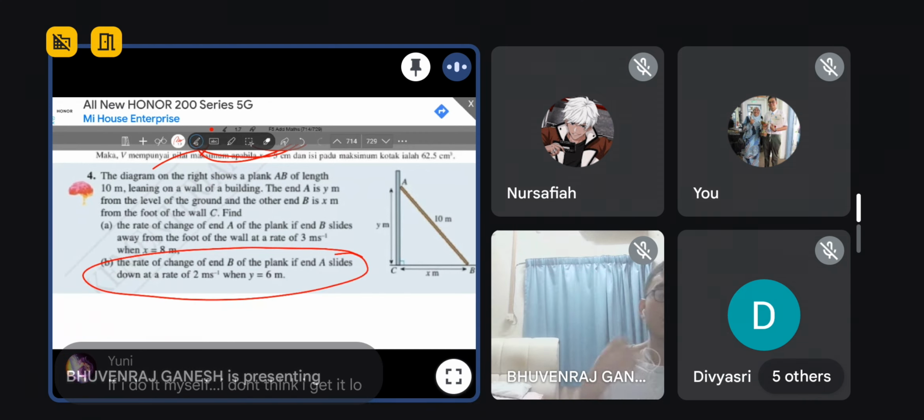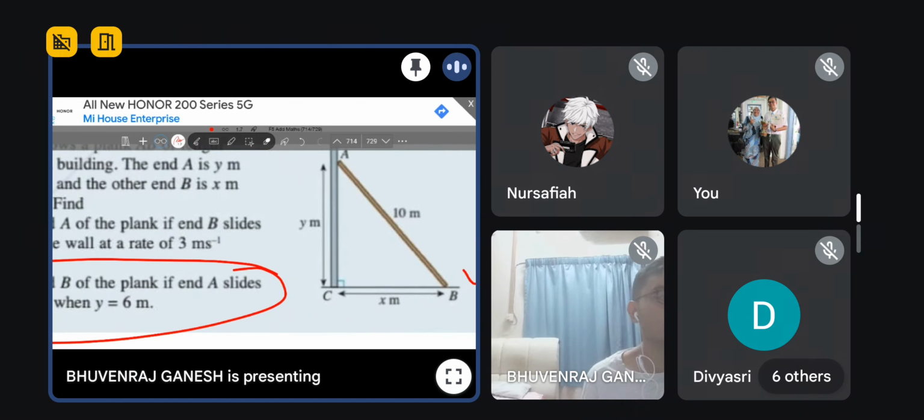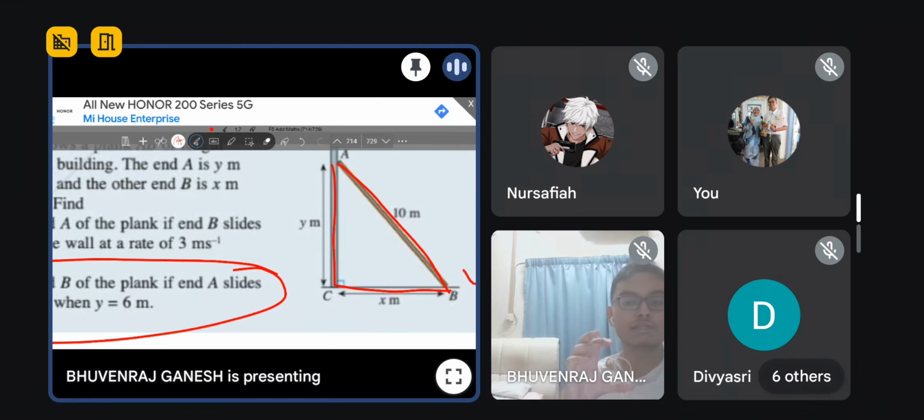Yes, correct. Okay, guys. This one is for what Divya Sri said, right? Mungkin kamu tak terfikir yang tu. I think most of the people wouldn't have think like this. Okay. So usually, before you read the question, sebelum baca soalan, try to look at the diagram directly. Jangan baca apa-apa soalan. Think what information you can get first from the diagram itself.